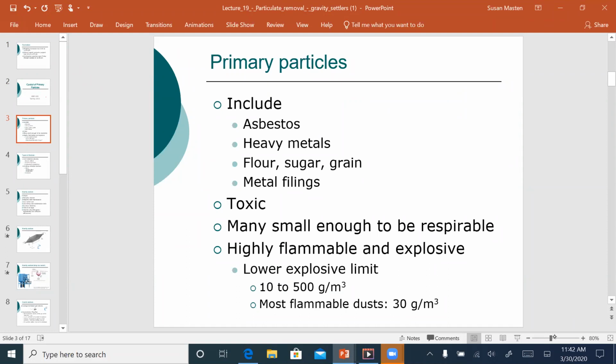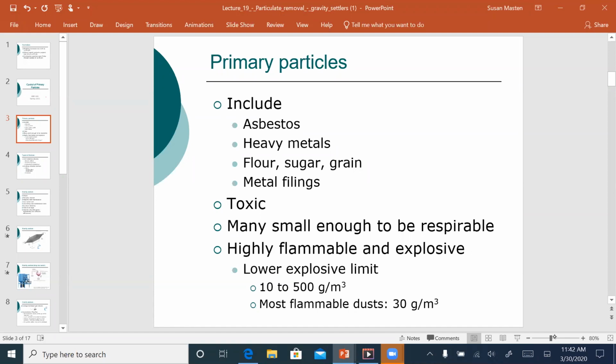They include anything, material from asbestos, maybe heavy metals, flour, sugar, grain. We don't think about those as particulates, but in a large factory, those actually are a significant cause for concern. They can also be metal filings.